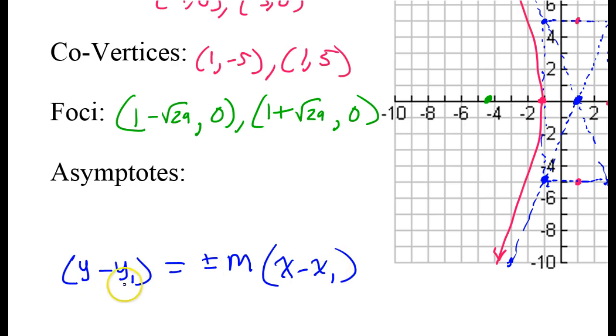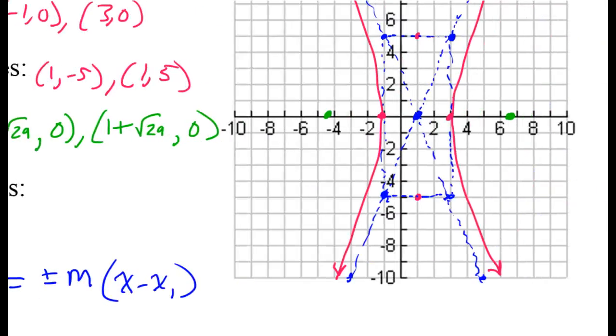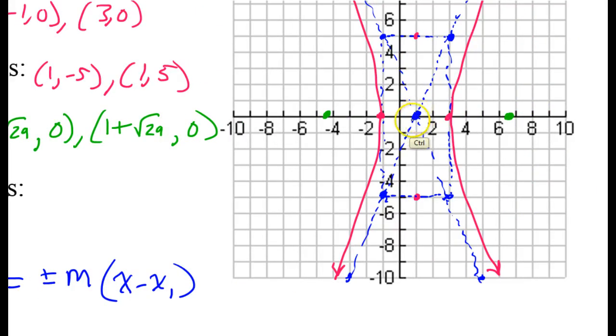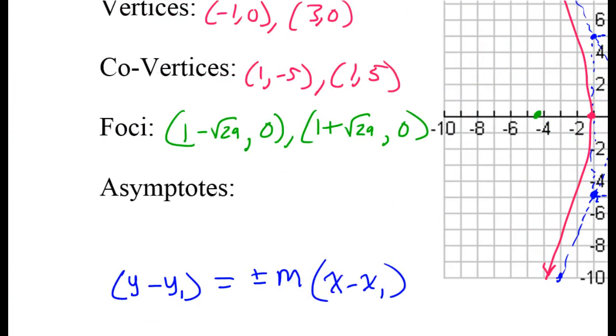Now, the x1 and the y1 represent the coordinates of a point on the line. Well, there's one point that's on both lines, and that's the center of the hyperbola. So from now on, I'm going to modify this and say h comma k, because h comma k will be the coordinates of the center every single time. So why not just use the center every single time? So basically, this will be a formula that we could use to find the equation of the asymptotes.